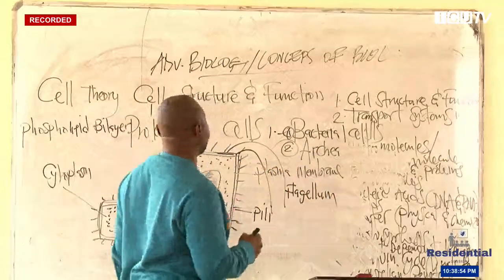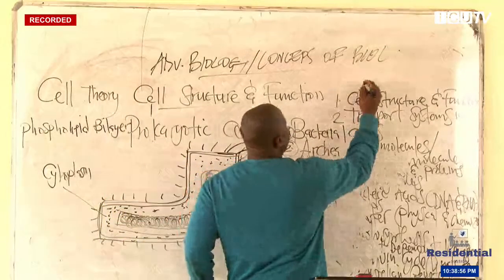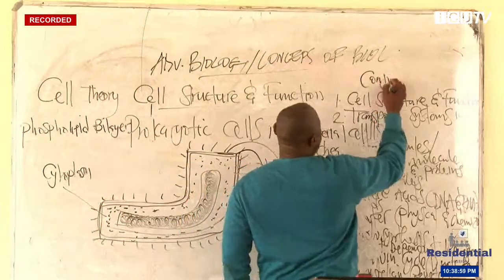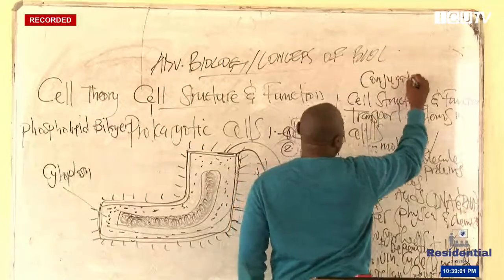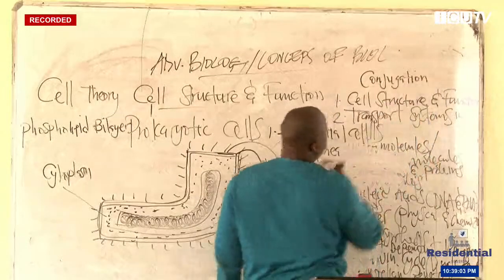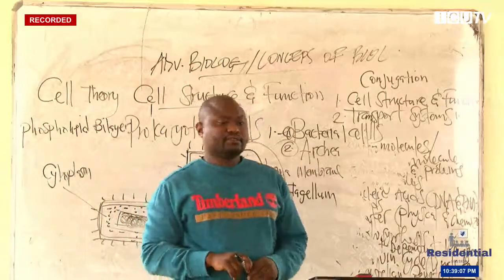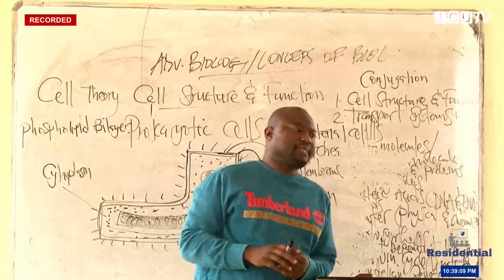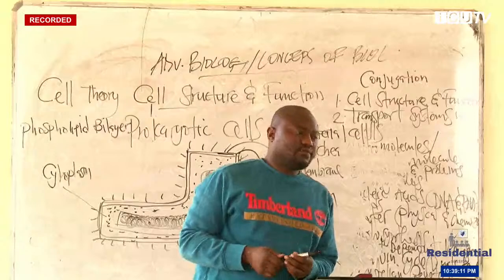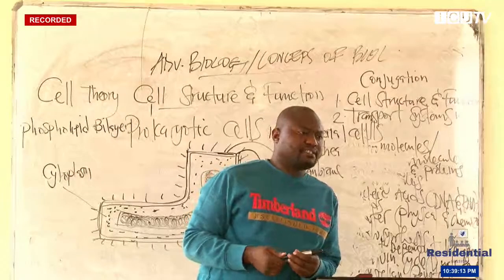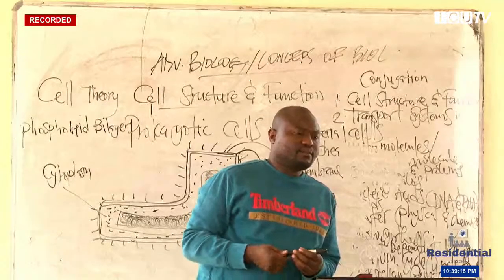I'll write it down: conjugation. So basically the pili's function is for reproduction, in a special type of reproduction known as conjugation.